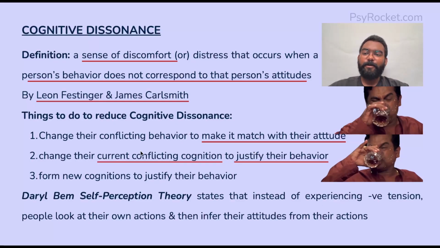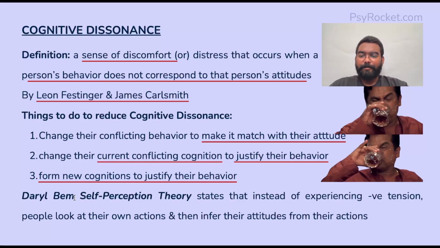The third step is they will form entirely new cognitions to justify their behavior. They do not change the belief that consumption of alcohol is bad, but they form a new cognition: consumption of alcohol is bad, but consuming it with friends on weekends is not bad. It is good, it is necessary, it is the norm nowadays. So you will form new cognitions to justify your own behavior.